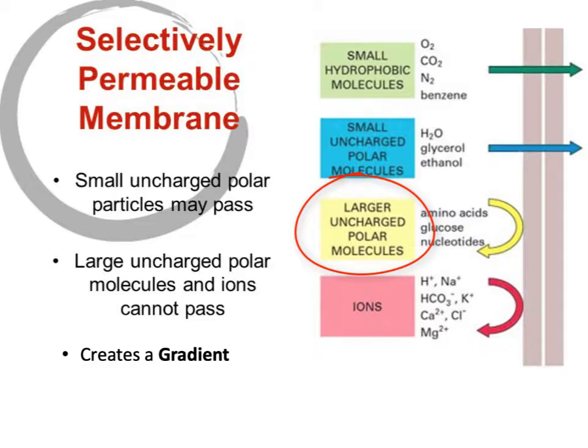They cannot pass across the plasma membrane because they are too big, or they are charged, or they're too polar. Likewise, charged particles like ions cannot move through that lipid core. The ability of the plasma membrane to selectively determine what comes in and what doesn't allows it to form gradients.